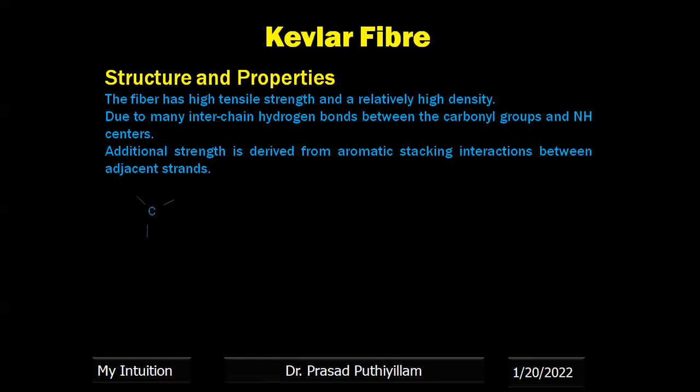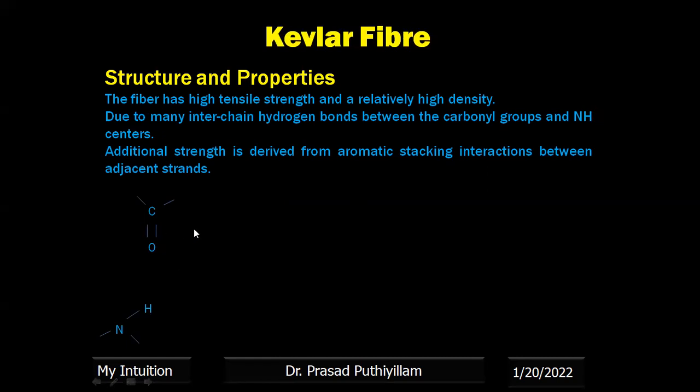I'll take an example of one of the structures in Kevlar. You can see it consists of NHCO, C6H4, NHCO, C6H4. That is the polymer chain. I took only the C double bond O part of one polymer chain, and another polymer chain which contains the NH group. You have seen the structure of Kevlar fiber in the previous slide.